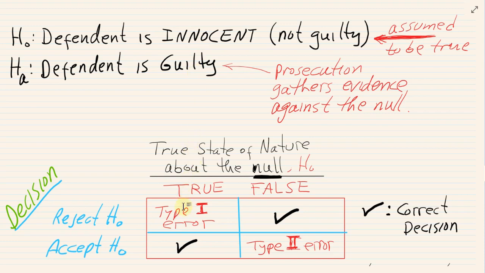So they found this person not guilty while this person was guilty. Maybe that defendant had a really good attorney. That could be one possibility. Or the jury just did not have enough evidence to convict the person.